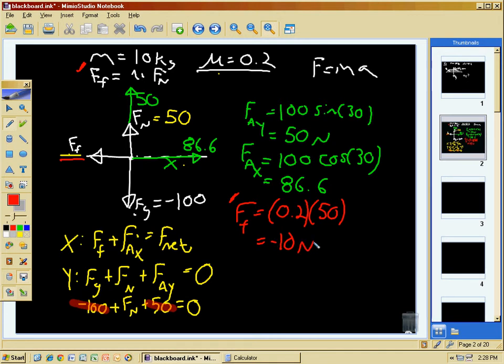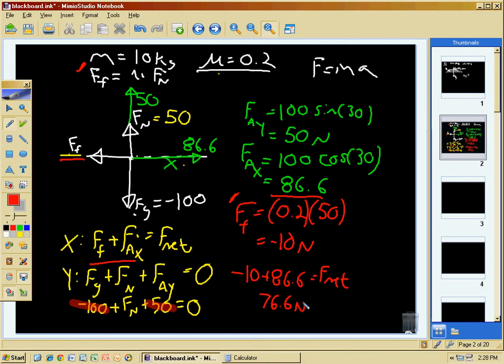So now I'm using this equation right here. We have the force of friction is negative 10. We have the x component, which is right here, that's 86.6, equals our net force. Therefore, our net force equals 76.6 newtons.